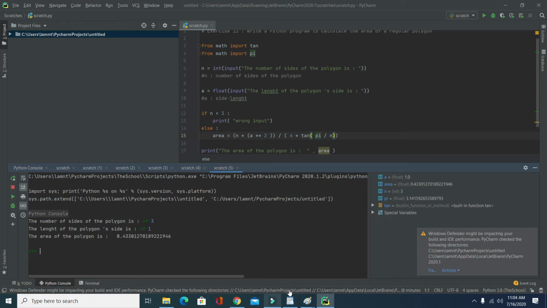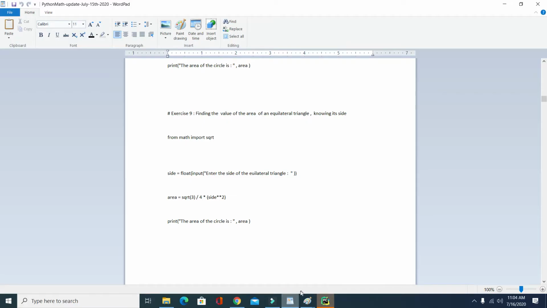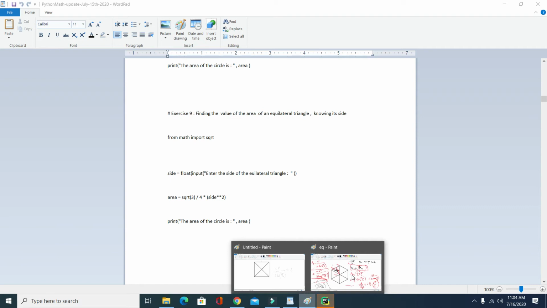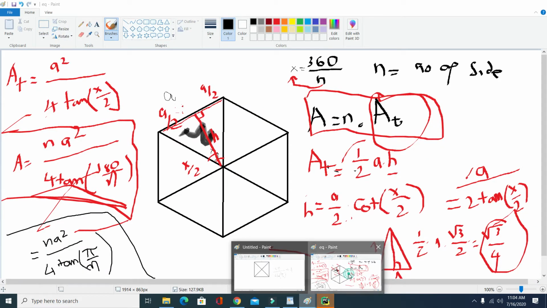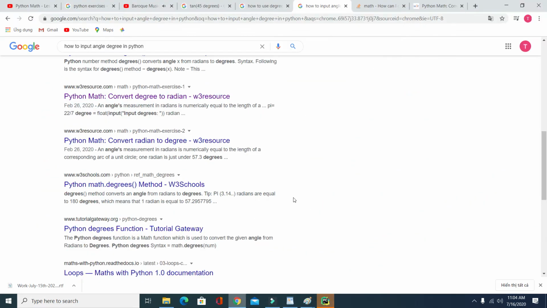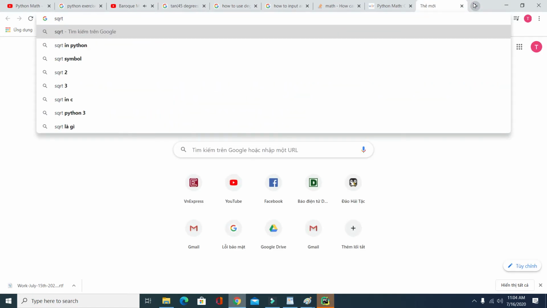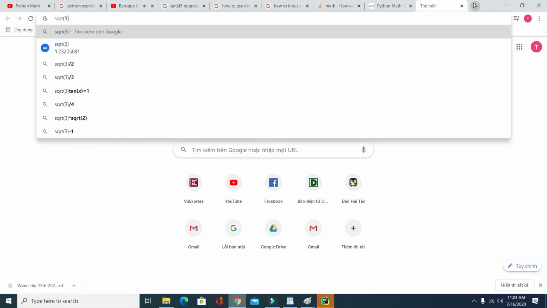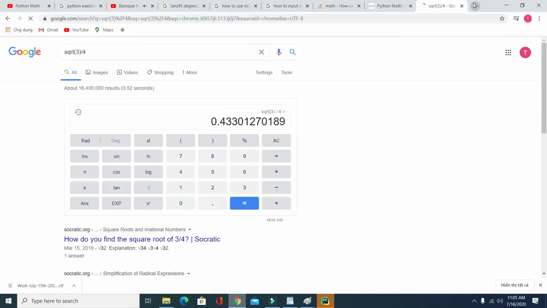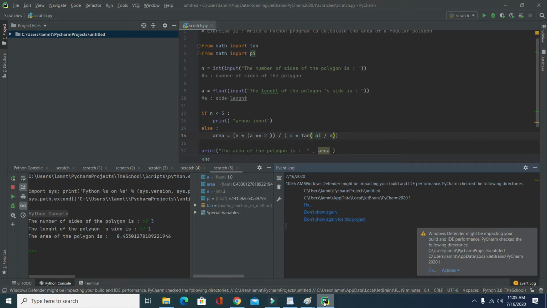What we expected from the calculation is the square root of 3 over 4, which is 0.433. So the code is correct now.